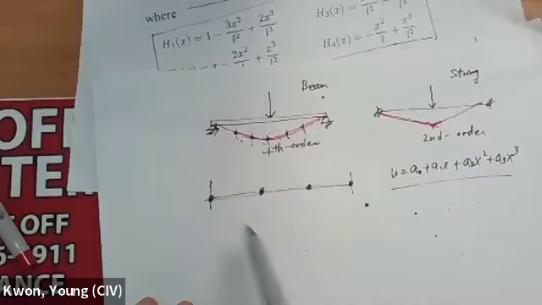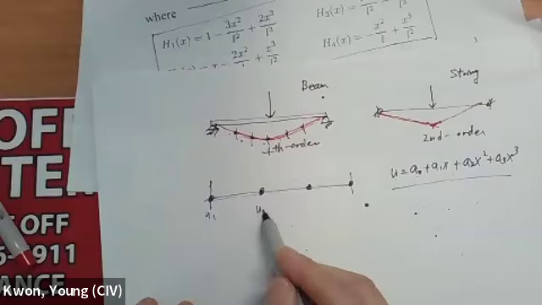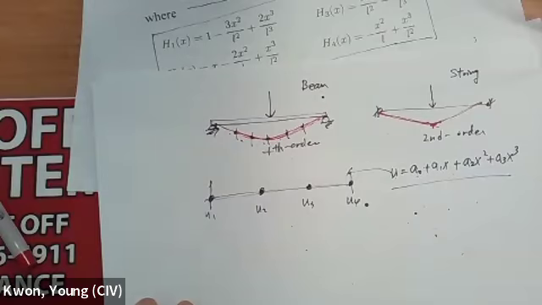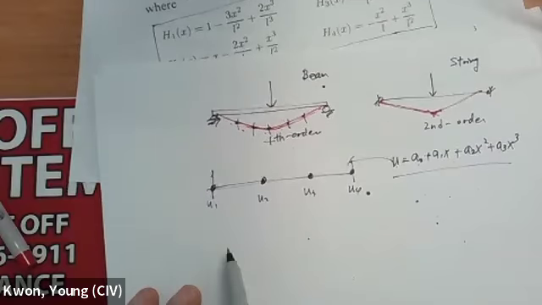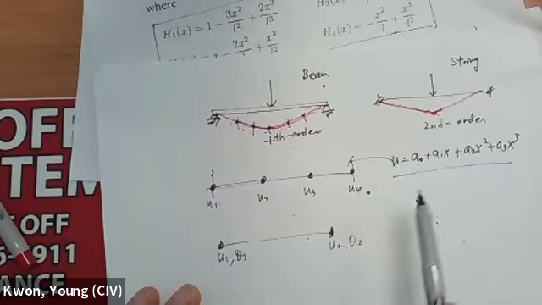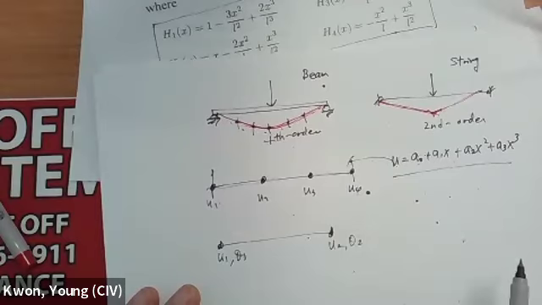In here you get u1, u2, u3, and u4. Right now, what you get is u1 and theta 1 at this point, and u2 and theta 2 at that one. So it's a totally different kind of shape function, even though both of them are cubic polynomials.